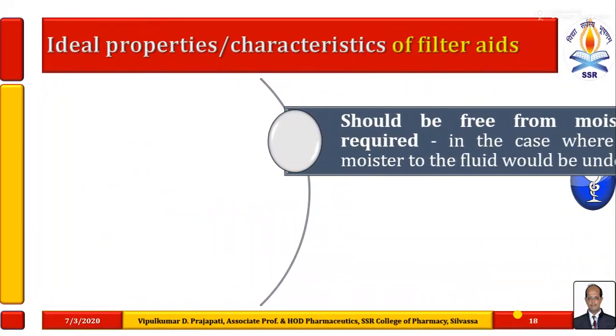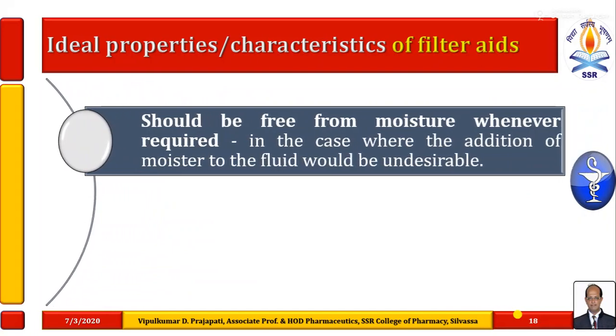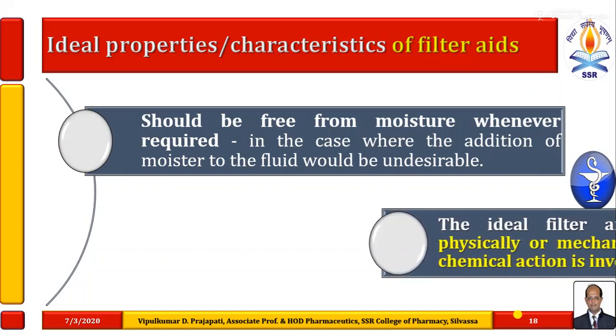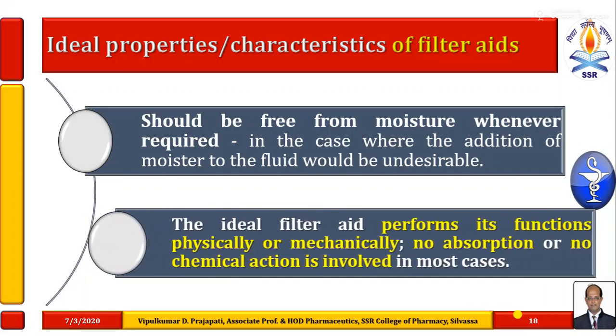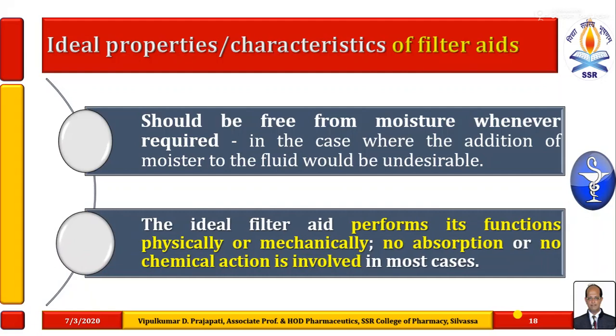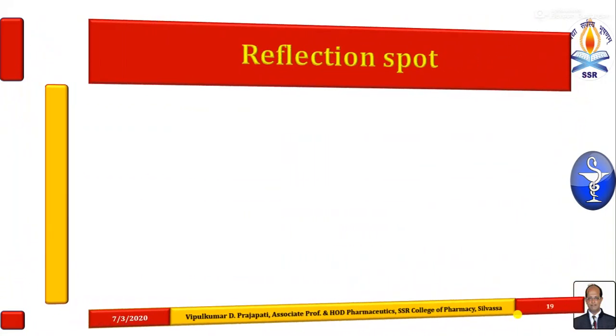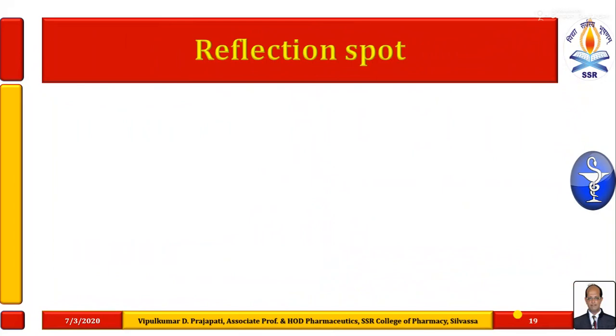It should be free from moisture whenever required, in cases where the addition of moisture to the fluid would be undesirable. And last, the ideal filter aid performs its functions physically or mechanically; no adsorption or chemical action is involved in most cases. So these are the ideal characteristics or properties of filter aids.